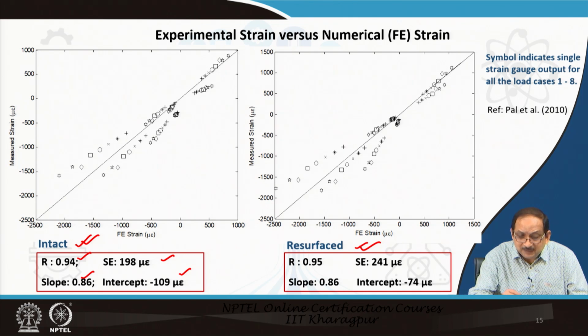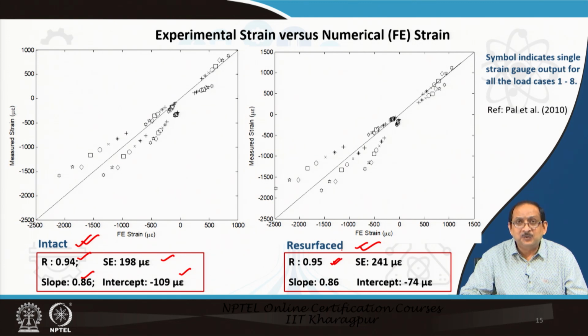Now, if we consider the resurfaced femur, we see slightly higher correlation coefficient. Slope is about the same, 0.86, but intercept is closer to 0. So, slope is close to 1, intercept is close to 0, minus 74 microstrain, and the standard error of the estimate was 241 microstrain.